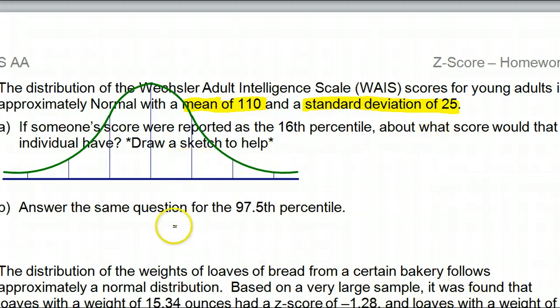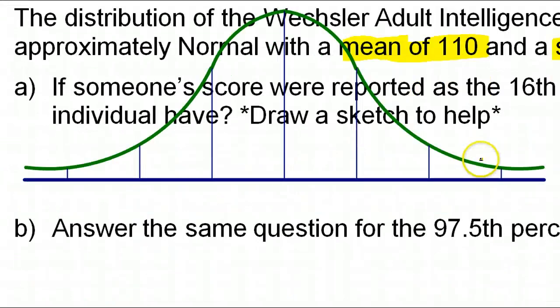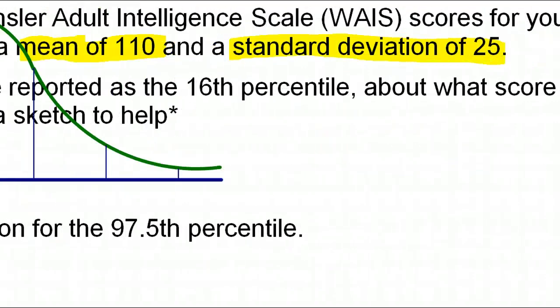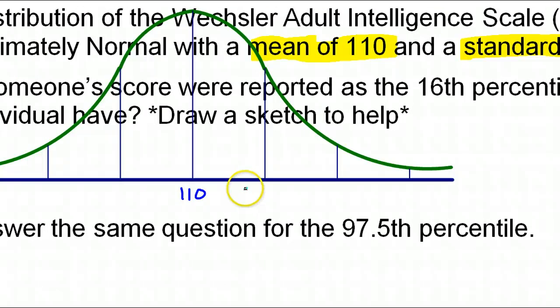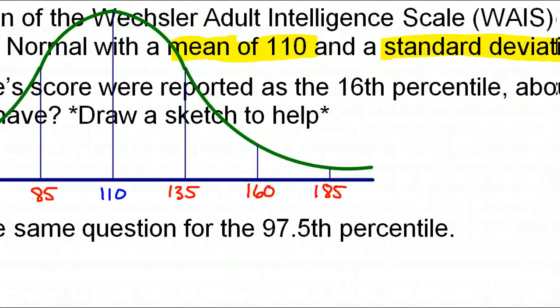Well, let's label this up. The mean is 110, so that's going to go right here. My standard deviation is 25. So if I add 25 each time, that's going to give me these numbers, and if I subtract 25 on this side, this will give me these standard deviations. Here's a sketch that's going to help me.